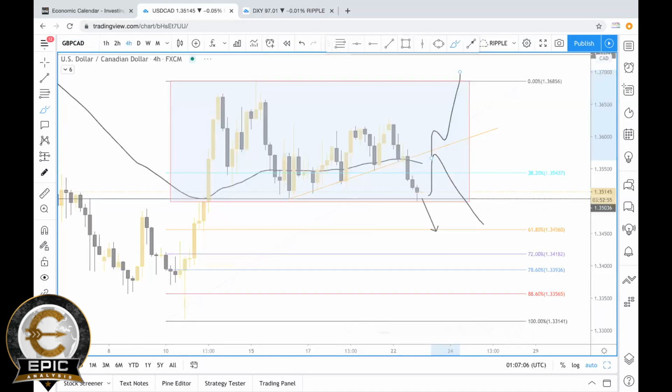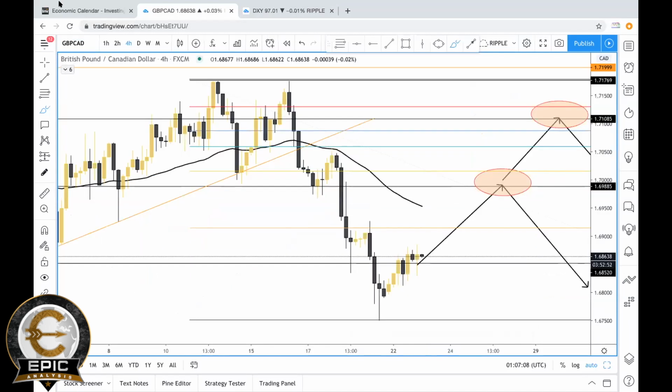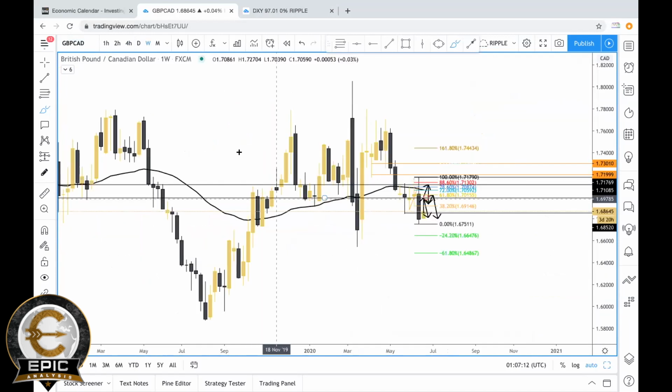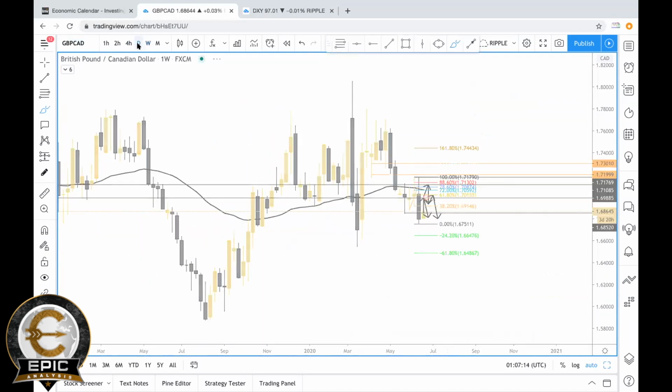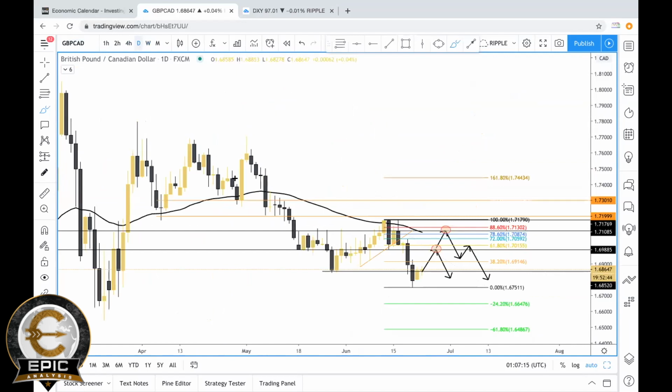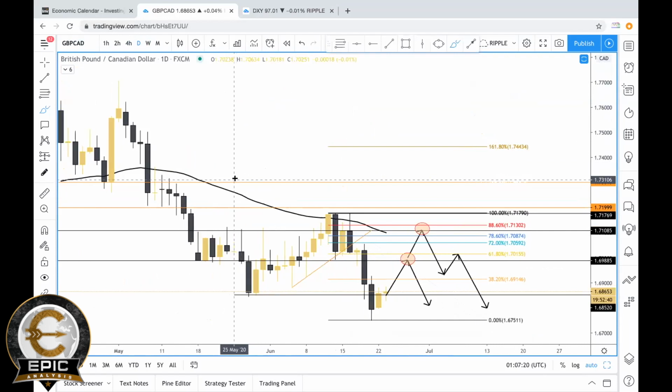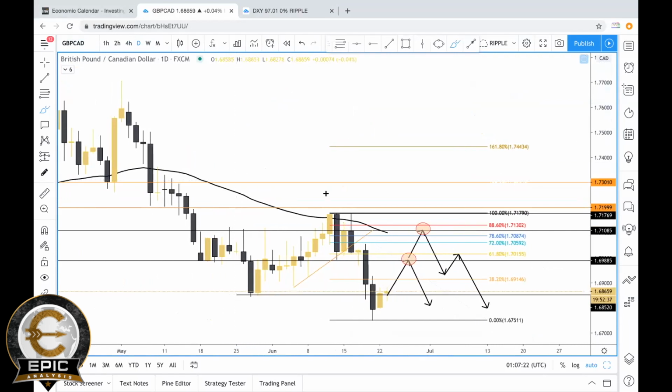GBP CAD. Okay, so GBP CAD has been moving pretty bearish.